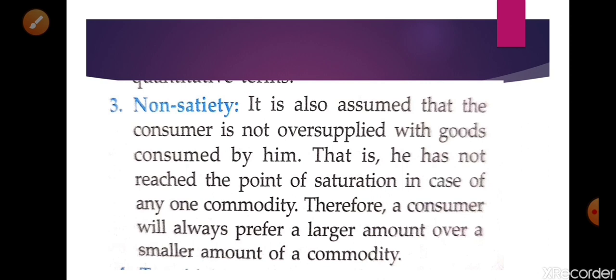So for the indifference curve approach, it is necessary that the consumer is not satisfied by the consumption and has more possibilities of a higher satisfaction level. In that case only is the indifference curve possible. So a larger amount he can consume after the smaller one. This is another compulsion for the indifference curve.